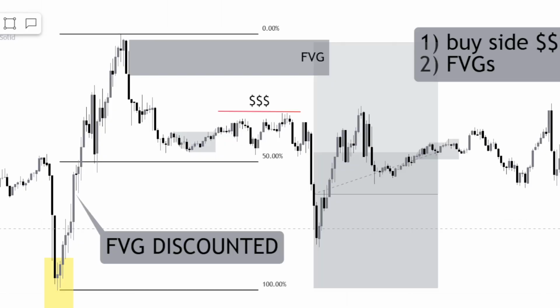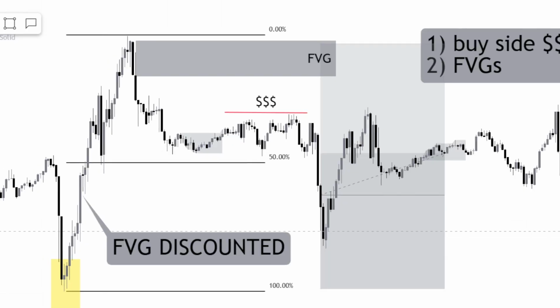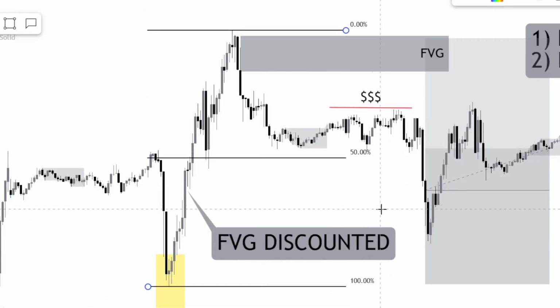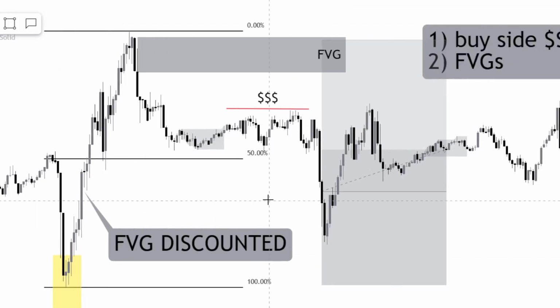So from an ICT perspective, or just generally from an SMC perspective, or from a trading perspective, you need to understand that we have liquidity just above the session prior in the premium, which is over here. And we also have a fair value gap over here. So both of these things align with the idea of, yes, we're in a discount, but where are we targeting? We're targeting premium buy side liquidity and premium inefficiencies that have been left.